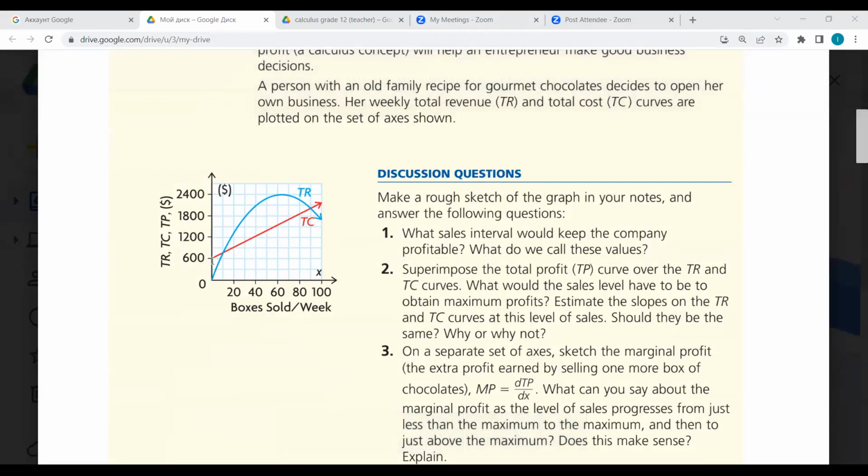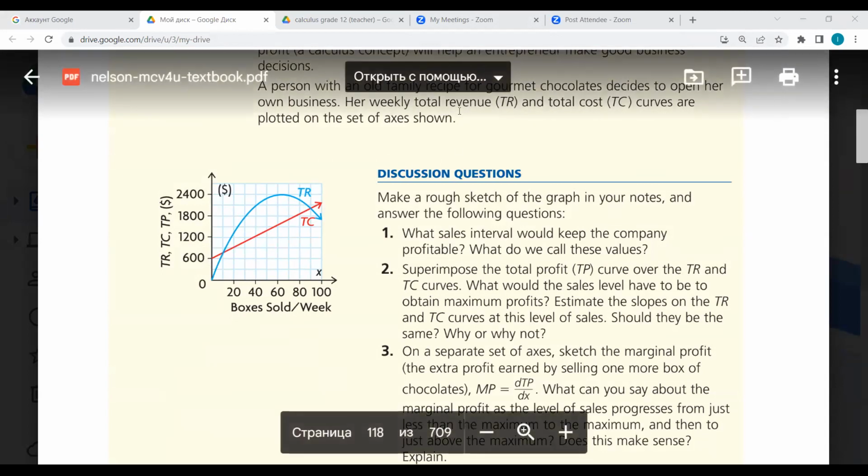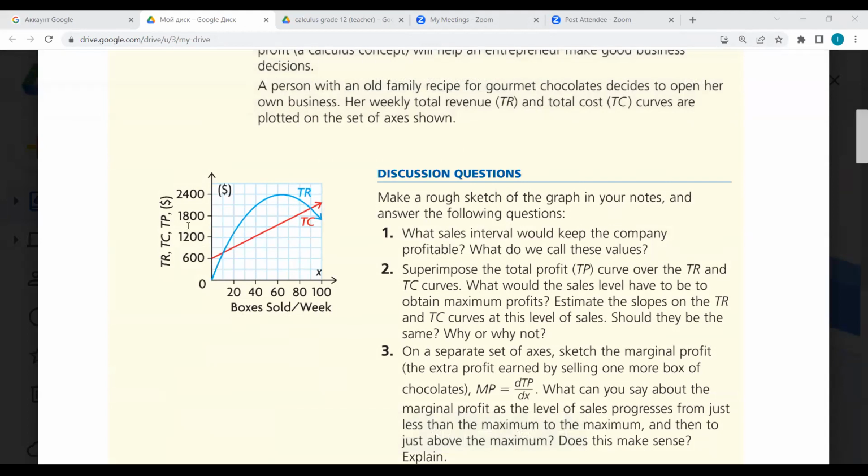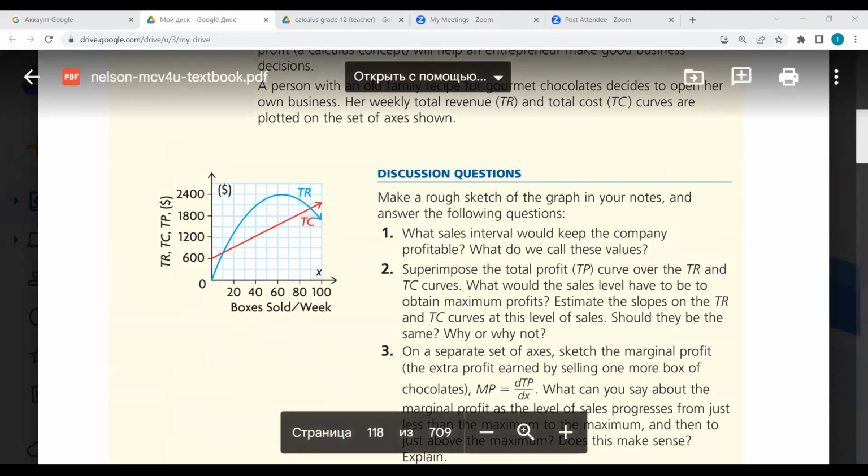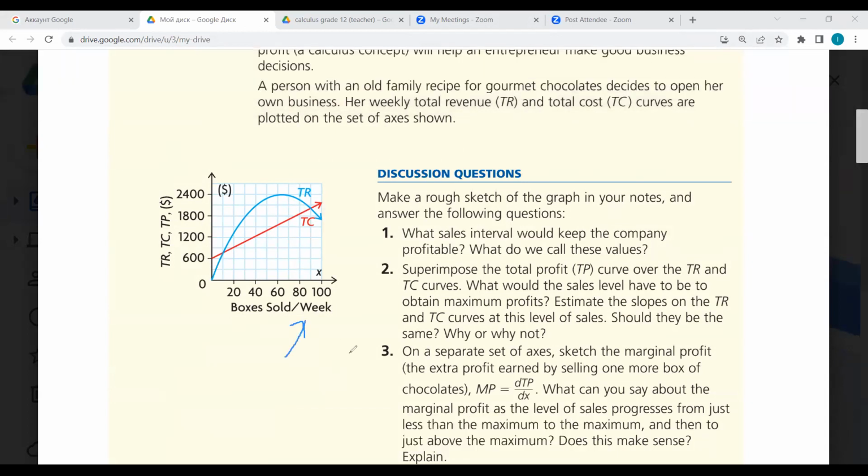So what we see here, total revenue, boxes sold per week. Here we have two axes. First one is the number of sold products, right? Per week. And this is TR, TC, TP in dollars.